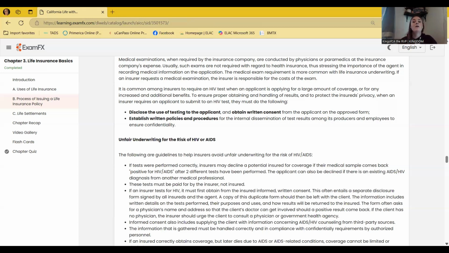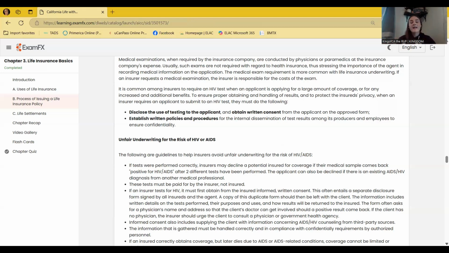They don't need to tell any other agencies about it, but you can be denied because of it. Because it's different in all of the different states, you shouldn't get too many questions on HIV testing. Just know that it needs to be given to everybody if they're going to give it.